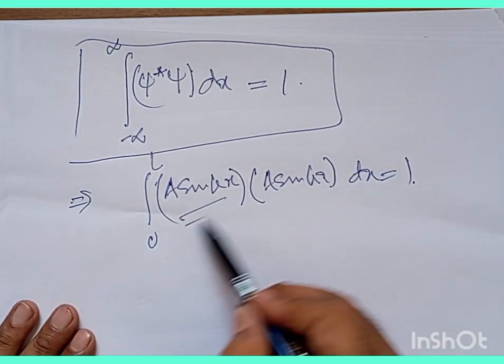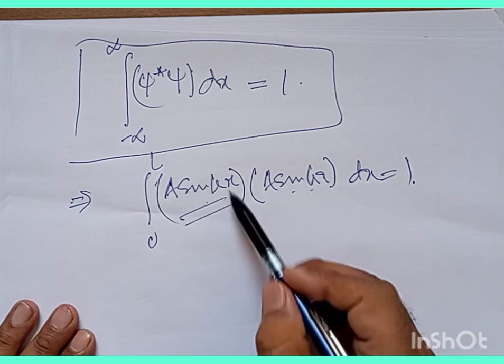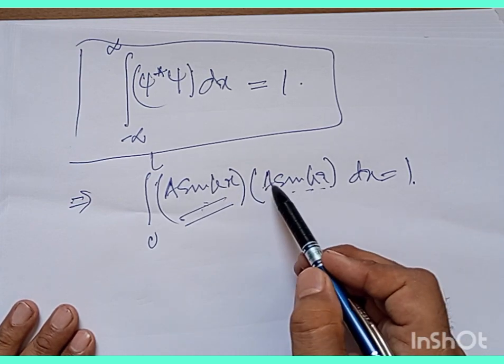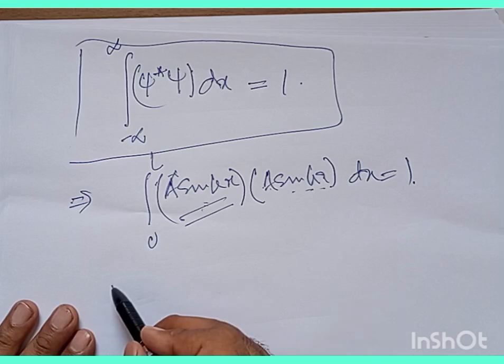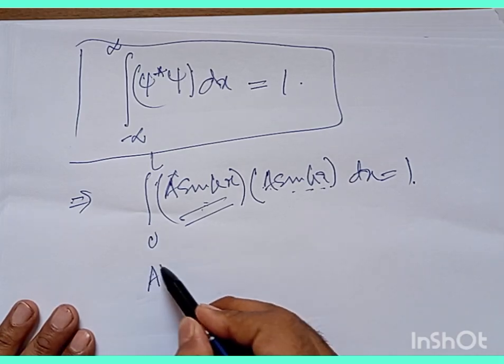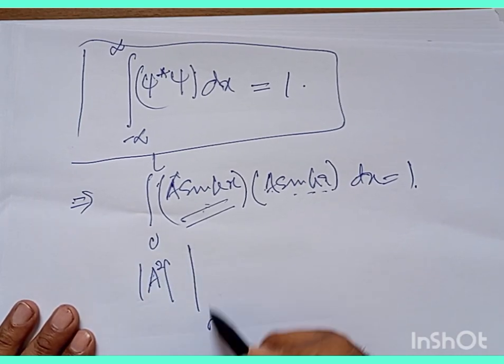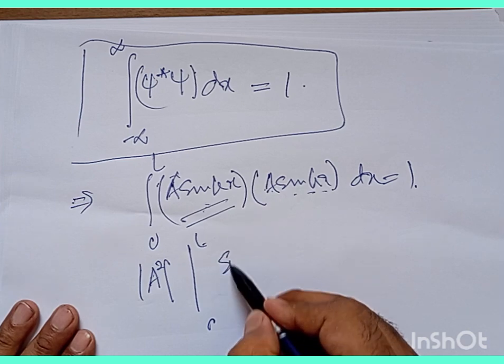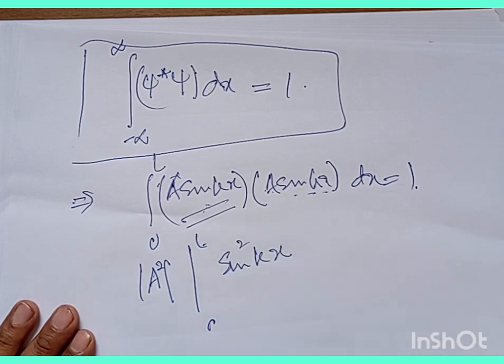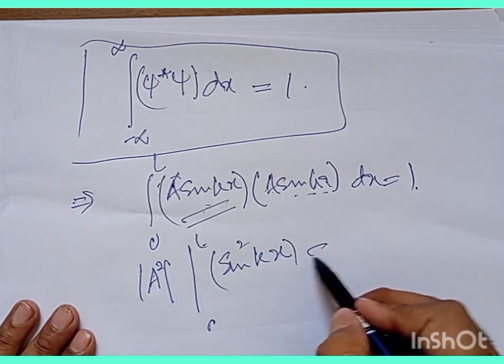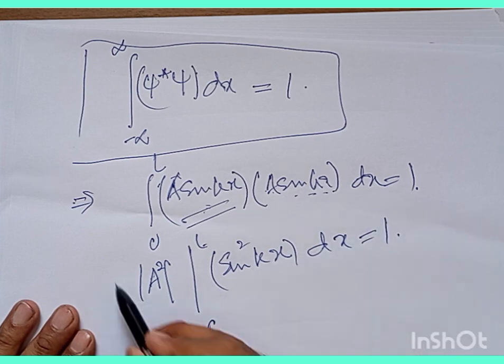So this is our complex conjugate. Sin kx will have no complex conjugate. For a, we can have a star, and we can write the magnitude of a squared, integral 0 to L, sin²kx dx equal to 1.